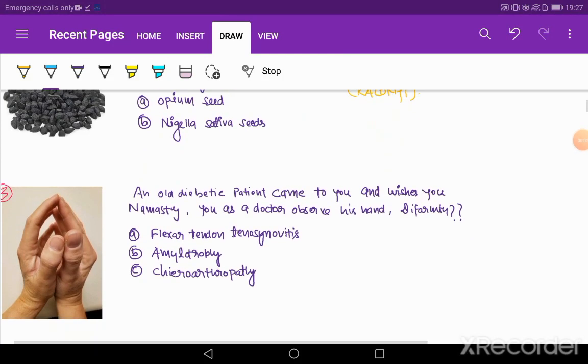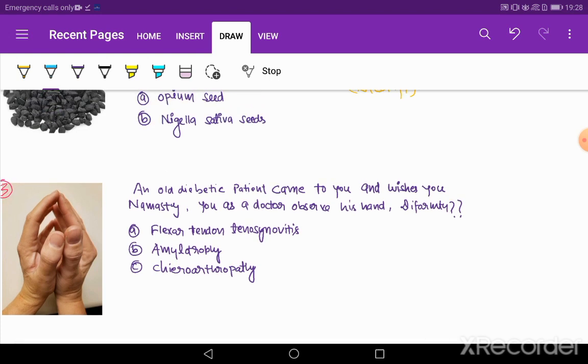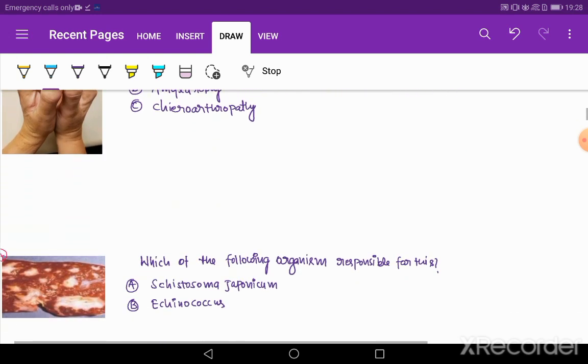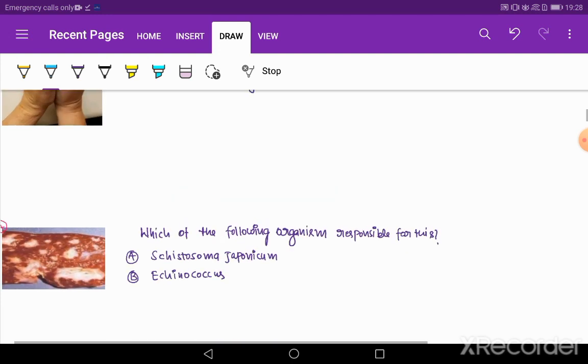Hello guys, in this video I am going to discuss image based questions from the AIIMS PG 2020 examination, June session. These images and questions I have collected from various groups, teacher discussions and students who have given the examination.